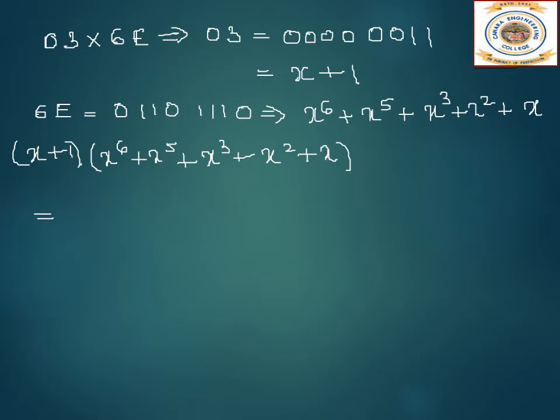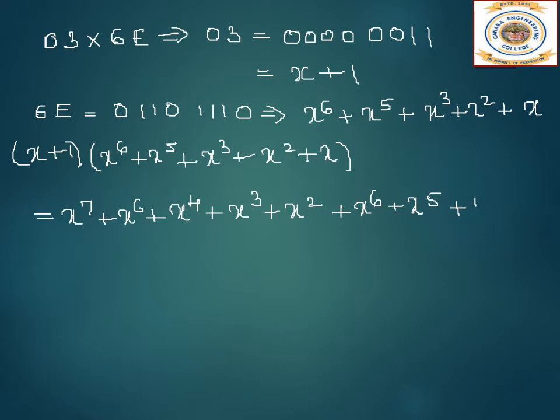So what do we get over here? We get x to the power 7 plus x to the power 6 plus x to the power 4 plus x cube plus x square plus x to the power 6 plus x to the power 5 plus x cube plus x square plus x. Now after the addition, what we get is x to the power 7. x to the power 6 plus x to the power 6 is 2x to the power 6, which will become 0.